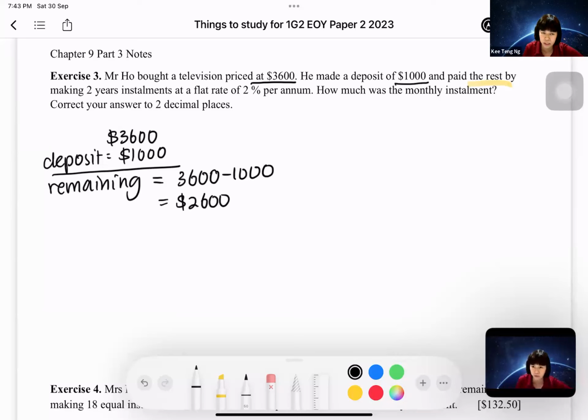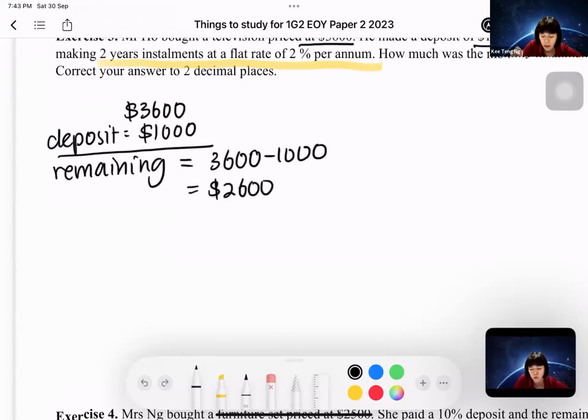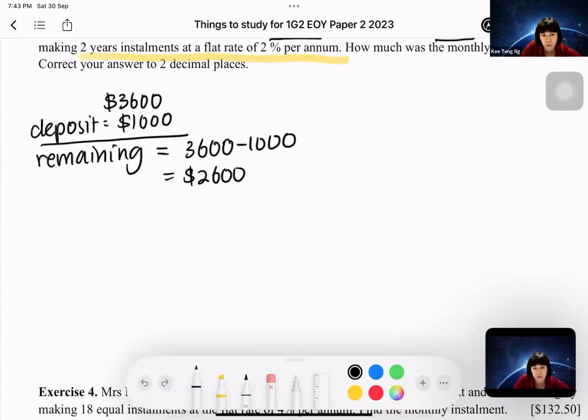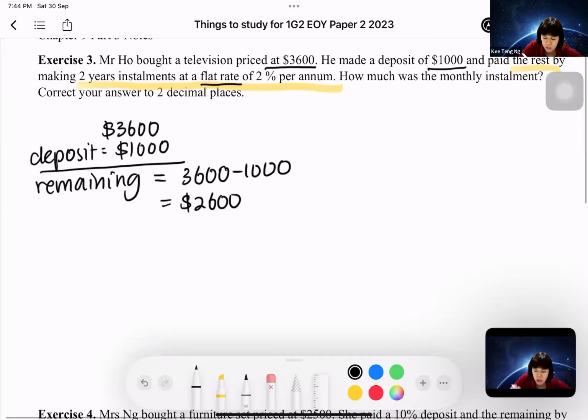I have not finished paying. And now they tell me that I need to make 2 years installment, flat rate of interest 2%. So now this is calculating interest. There's some formula that you must remember. Simple interest, a flat rate means simple interest. So you need to know what is a simple interest.